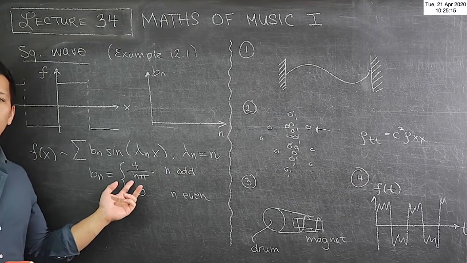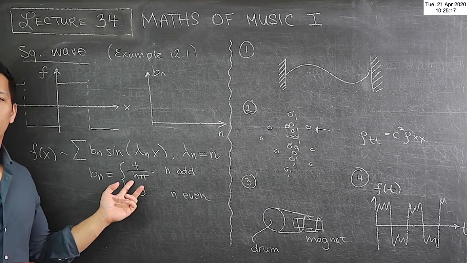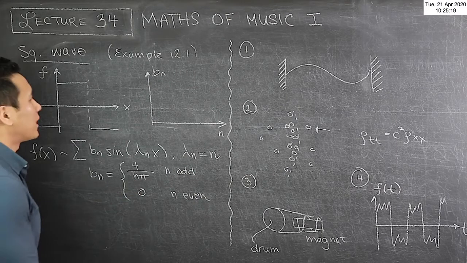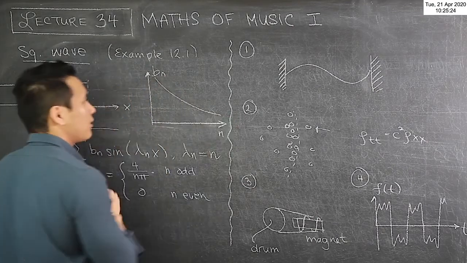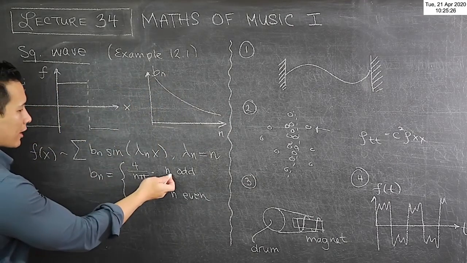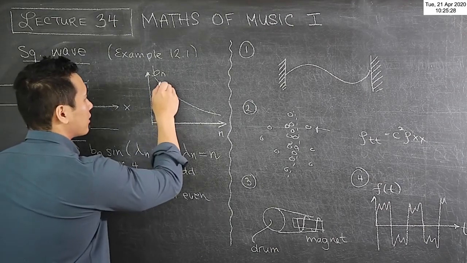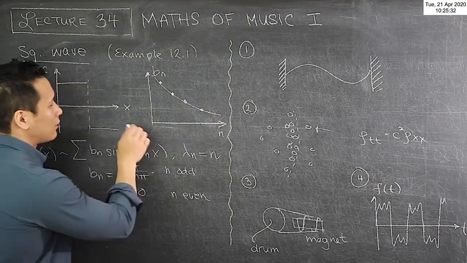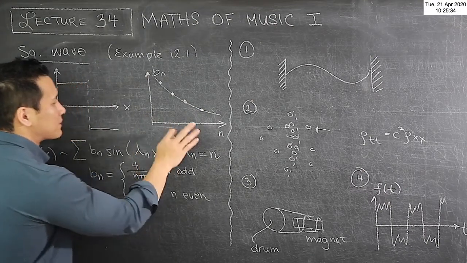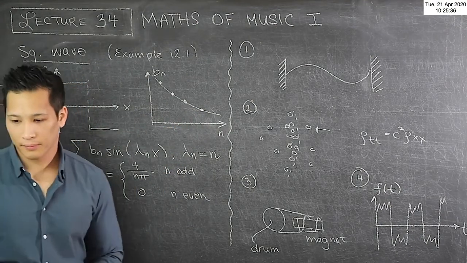And at every odd number, it's essentially 4 over n pi. So you can imagine the graph of 1 over n looks something like that. And at every odd number, you get a dot, like that. And at every even number, you get zeros, but we won't bother plotting that.